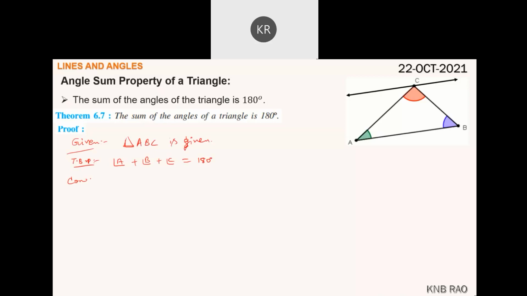Construction. Do we do construction? Yes, we are doing it. Extra construction. What is that extra construction? Draw a line parallel to AB. Let's take the line name also.